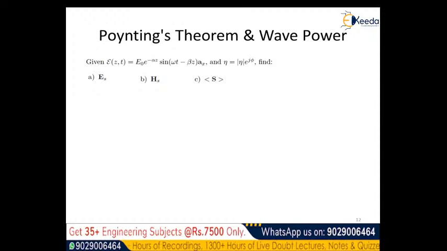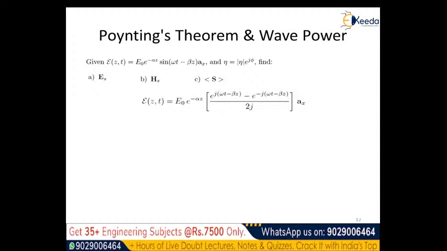So we can have the representation from the problem statement that is equal to capital E0 into e to the power minus alpha z multiplied by the square bracket that has the difference of the exponential e to the power j times omega t minus beta z, minus e to the power minus j times omega t minus beta z. This is all divided by 2j here. So this is the substitution we have made for the sine function representation, with the help of the square bracket here.